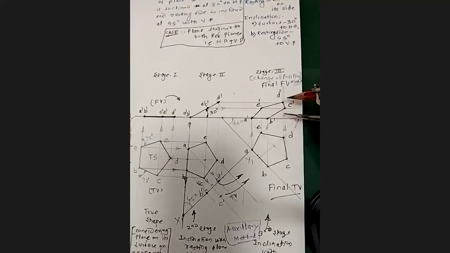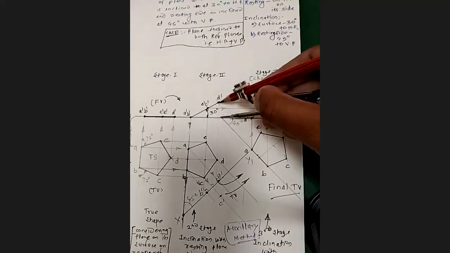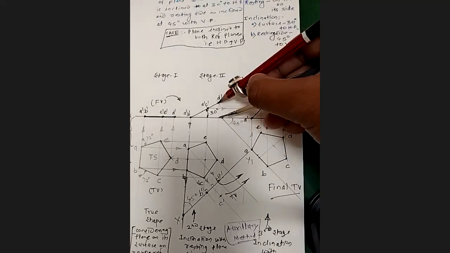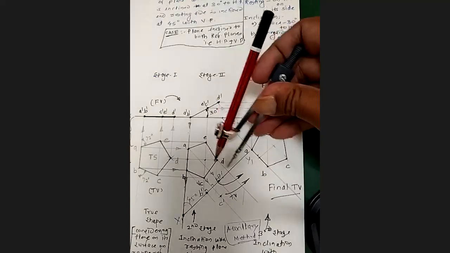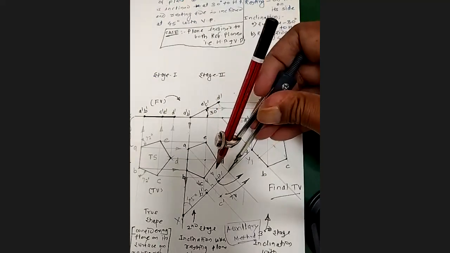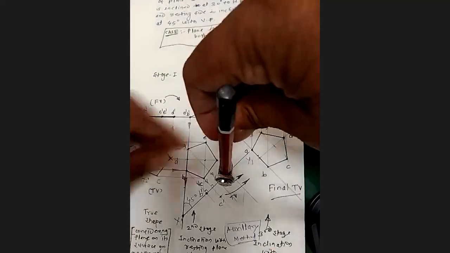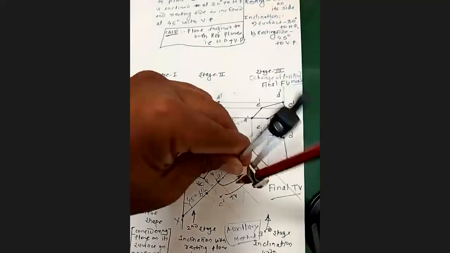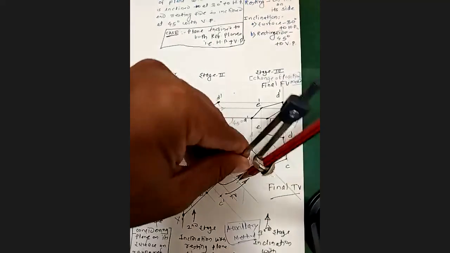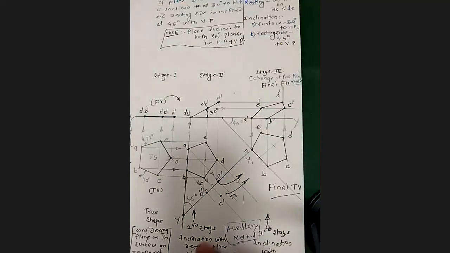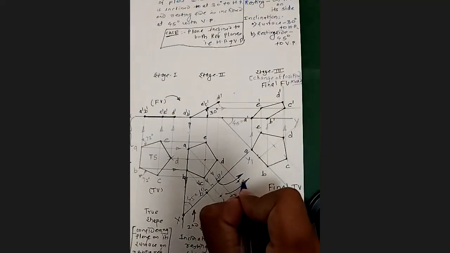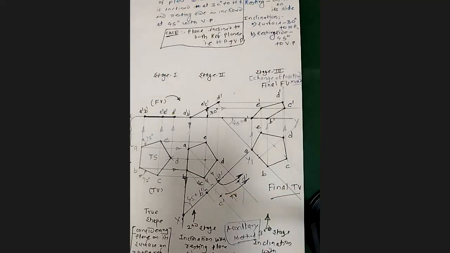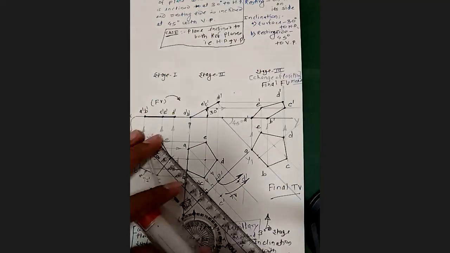So here you will take the distance and keep the metal end at X1Y1 on this extension of D, and we'll cut it. That extension cuts here at this point. So immediately I will name this point D dash. Now the point remains point E.